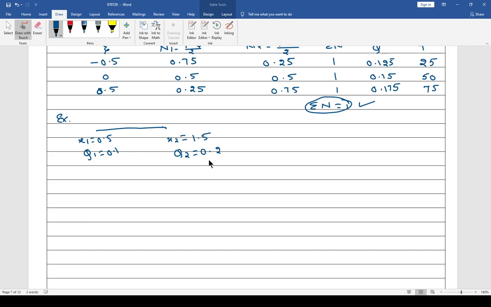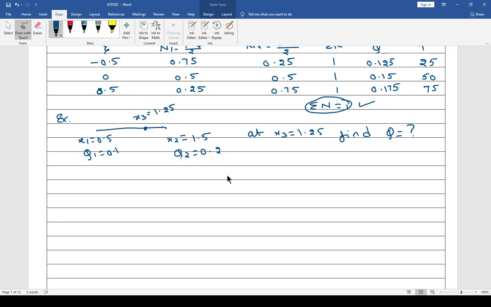Now there is some point whose coordinate, x3, is equal to maybe 1.25, given to you. At x3 equal to 1.25, you have to find q.